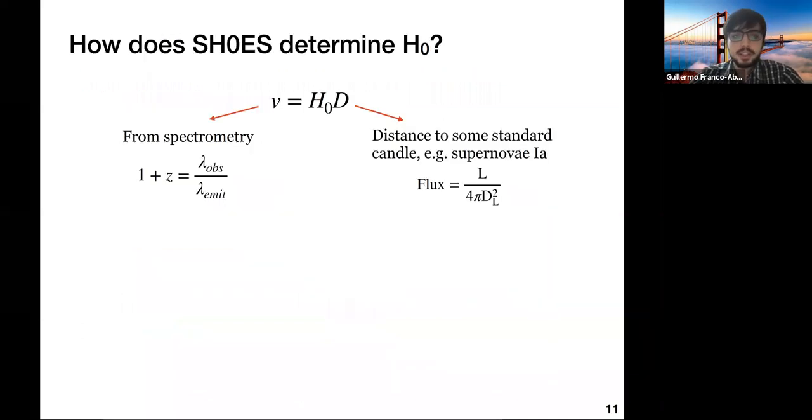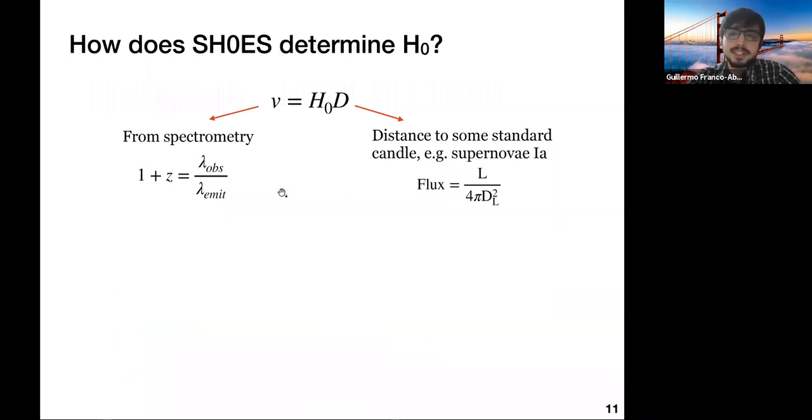Okay, so now I would like to explain a bit more how the SH0ES collaboration, and in general the cosmic distance ladder method, determined the Hubble constant. So they essentially use a relation that was proposed by Hubble almost a century ago. They measure the recession velocity to some object, and this is something they can obtain simply from the redshift information.